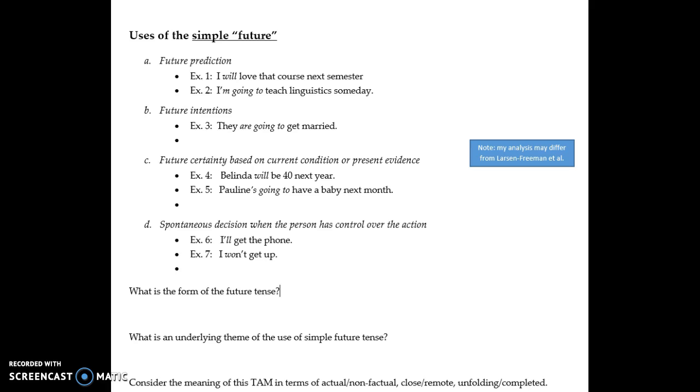I wanted to take a time now to look at example 4 and example 5. We see that in 4 we have a modal will, but in example 5 we have a phrasal modal, is going to, where all of that is the same as a one-word modal like will. Pauline will have a baby.